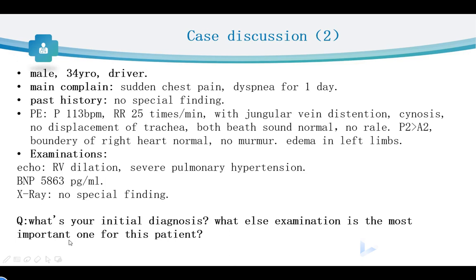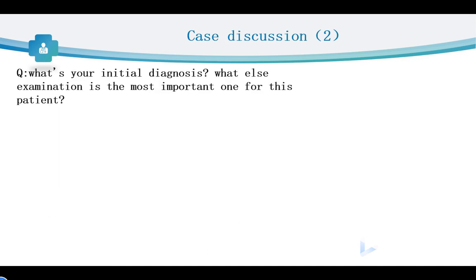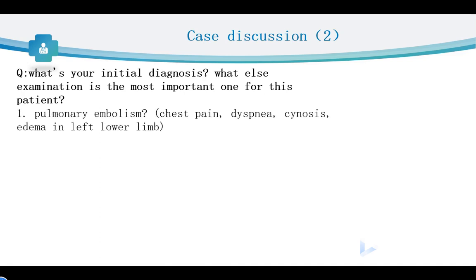So, what's the initial diagnosis for this patient? According to the details in the medical record, we can give our initial diagnosis for this patient. The first one is the pulmonary embolism with the deep venous thrombus in the left lower limb.